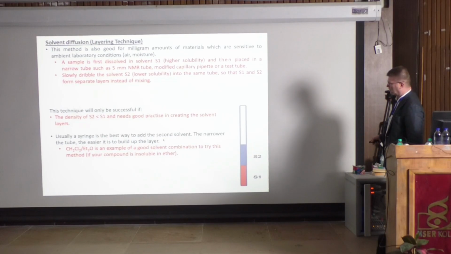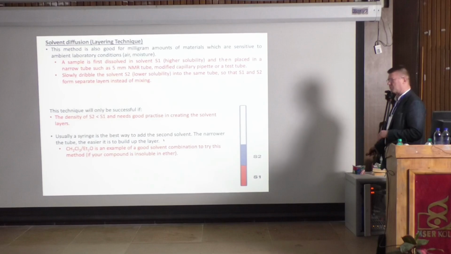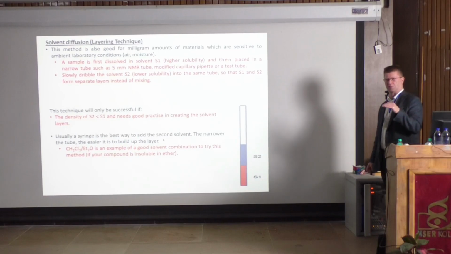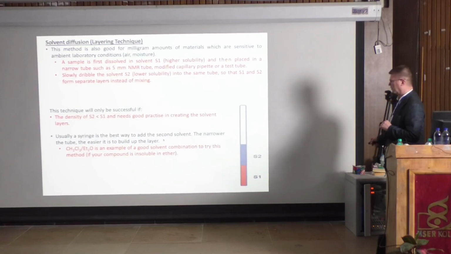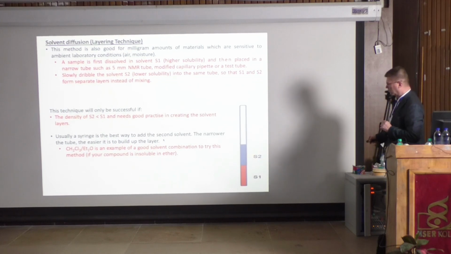Our molecule is dissolved in the solvent S1, in which it is completely soluble, but S1 has to be a higher density than the solvent S2 that we put on top of it. So there is a bottom layer and an upper layer, and we have the interface between these two layers.